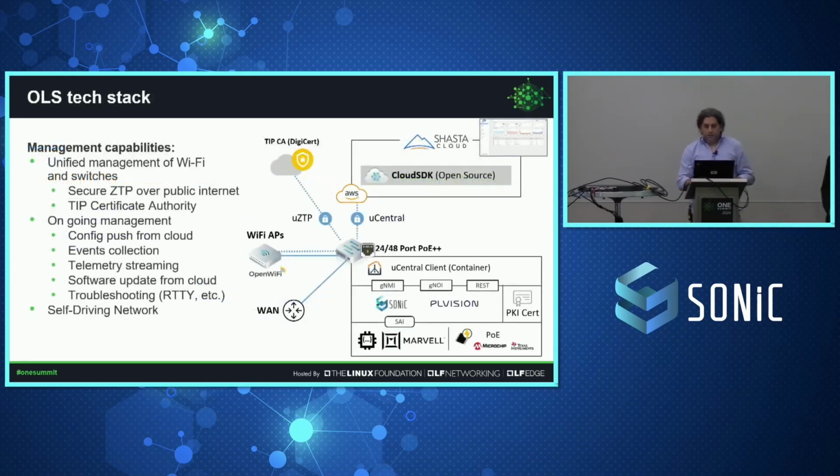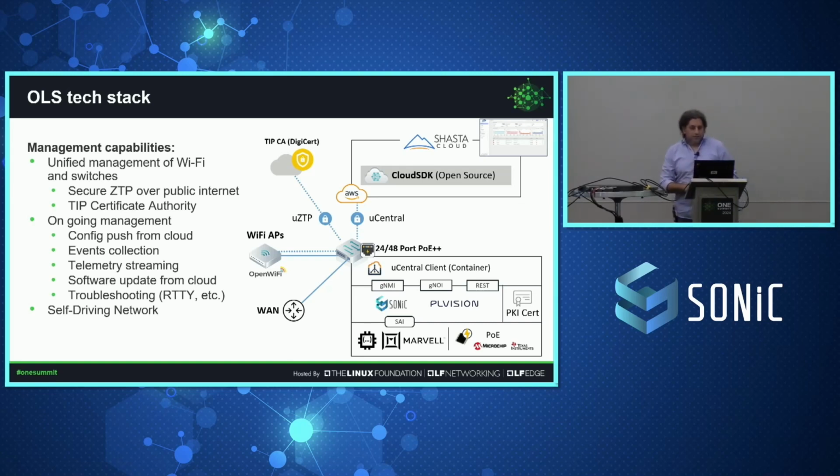So, two important things here. First is zero-touch provisioning over the open network. This allows the cloud to identify the switch in a unique manner and make sure that it belongs to it, and it redirects it to the right cloud controller. The TIP certificate authority is also used in that process.